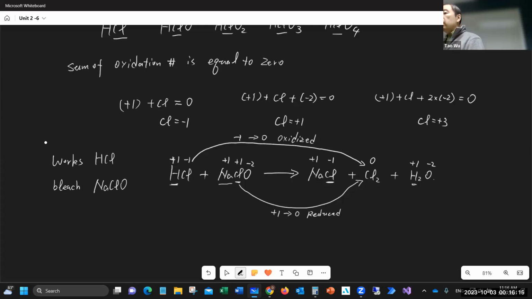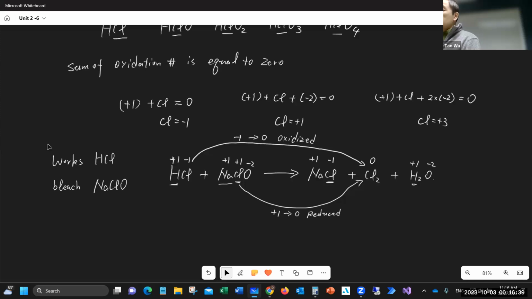So some of this oxidized, some of this is reduced, and then they generate chlorine gas. And chlorine gas is not pleasant, it's toxic, actually it's corrosive. So that is why you do not add Works and bleach together. This is really, really bad.